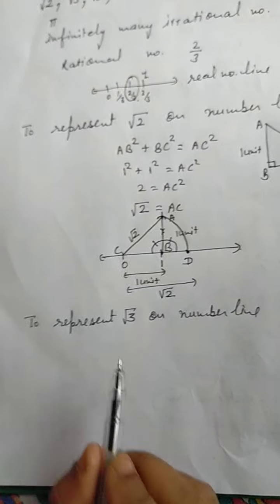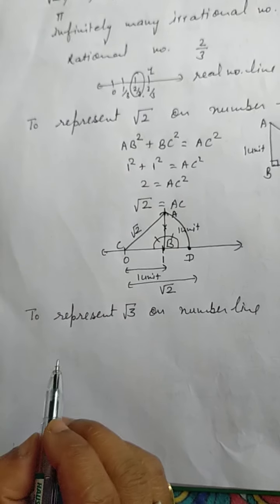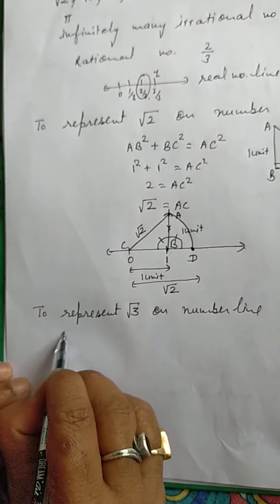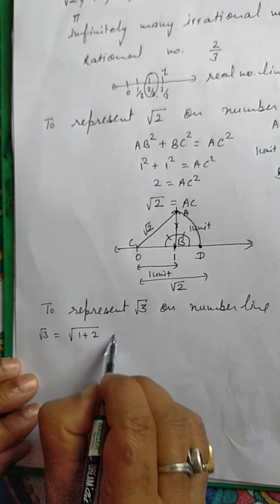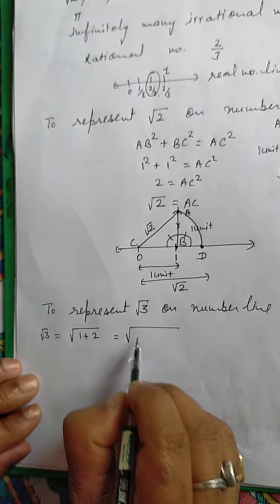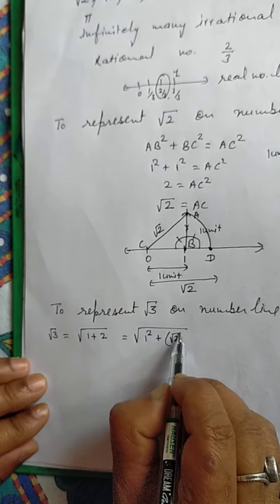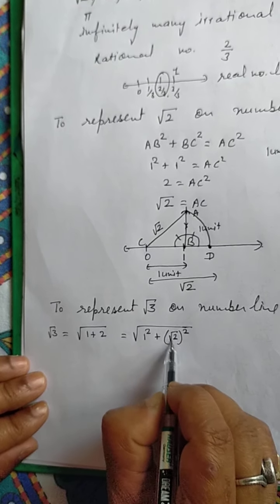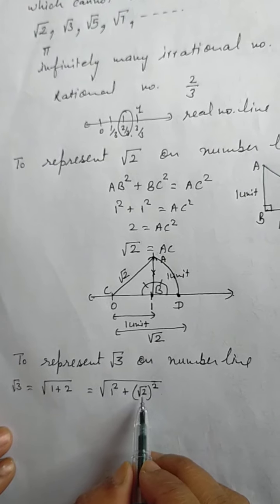Now to represent square root 3 on the number line, again we will take the help of Pythagoras theorem. This square root 3 can be written as square root of 1 plus 2, and this 1 can be written as 1 square, and 2 can be written as square root 2 square.